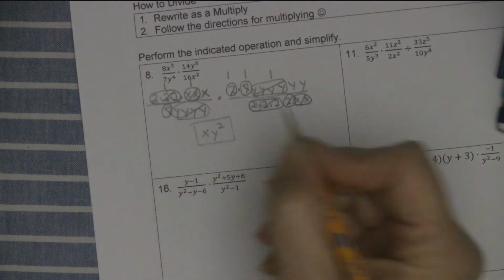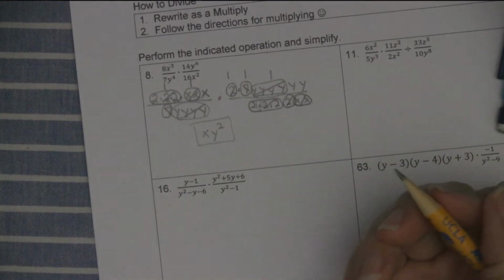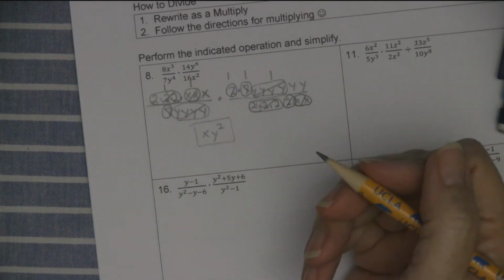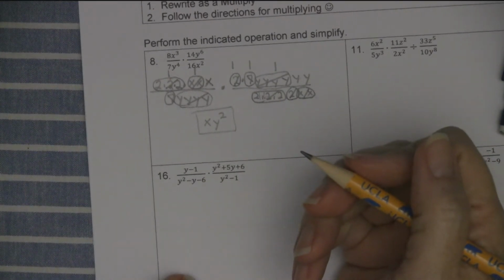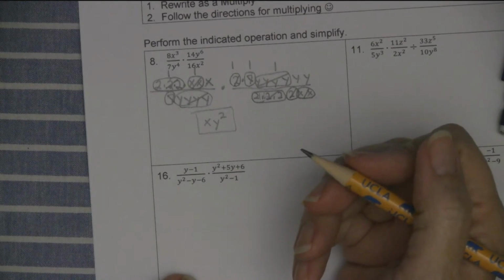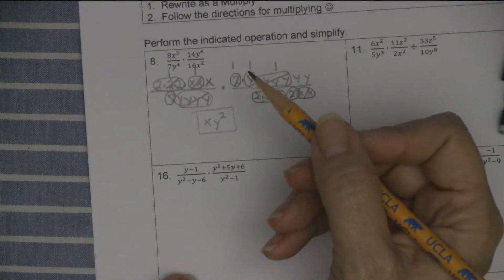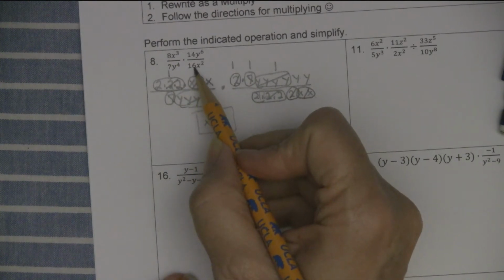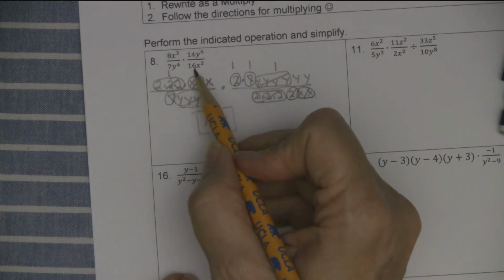That's the factoring method. You can also use the method that they taught you in chapter 4, if you like. And because they're monomials, you could use the shortcut method of saying, well, 8 goes into 16 2 times.